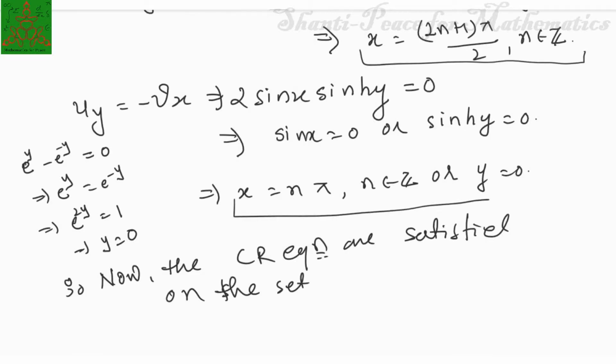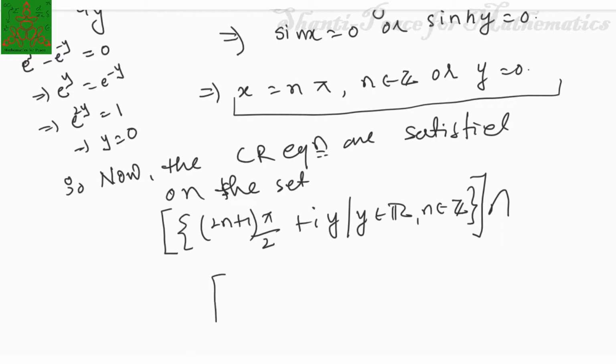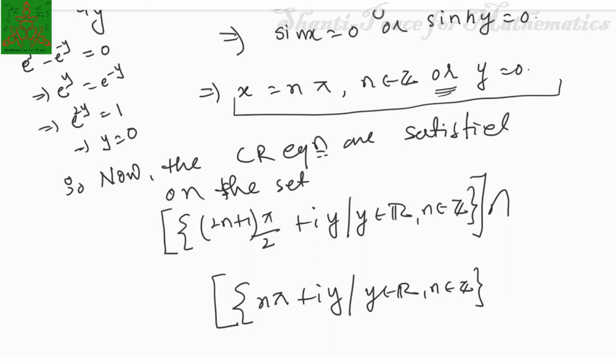Now what is the above set? It is the set of all (2n plus 1) pi by 2 plus iy, for y belongs to R and n belongs to Z, intersection with, because the CR equations are ux equal to vy and uy equal to minus vx, this set, that is the set of all n pi plus iy, where y belongs to R and n belongs to Z. Since this is OR, we write the union with x plus i0 because y is 0, where x belongs to R. So this is the set we have.